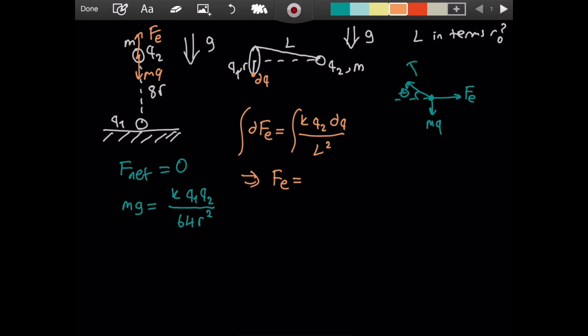Let's even do it like this. So this was Fe1 and this is Fe2, all right? Let's be even more precise in our answers. So Fe, the electrostatic force in the second picture, is going to be K, Q1, Q2 divided by L squared.